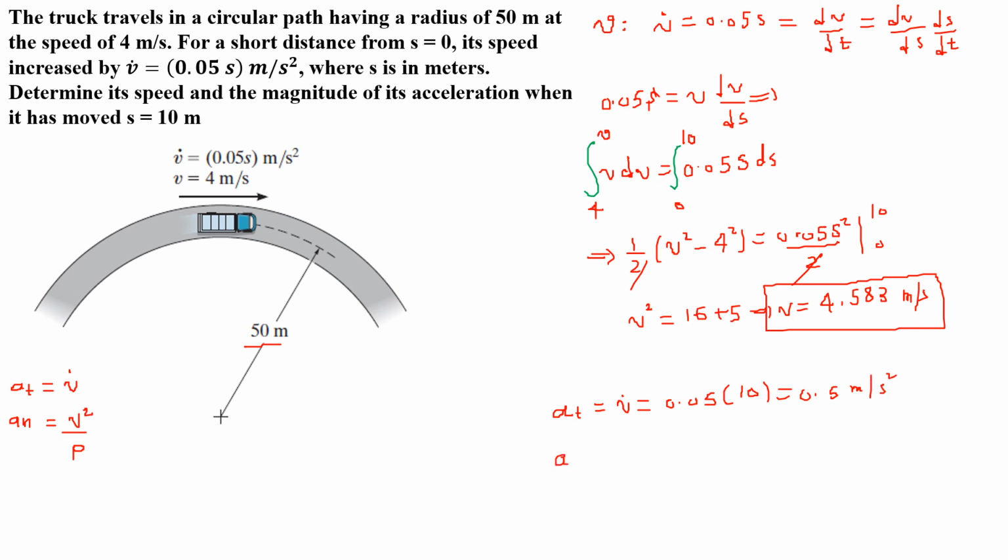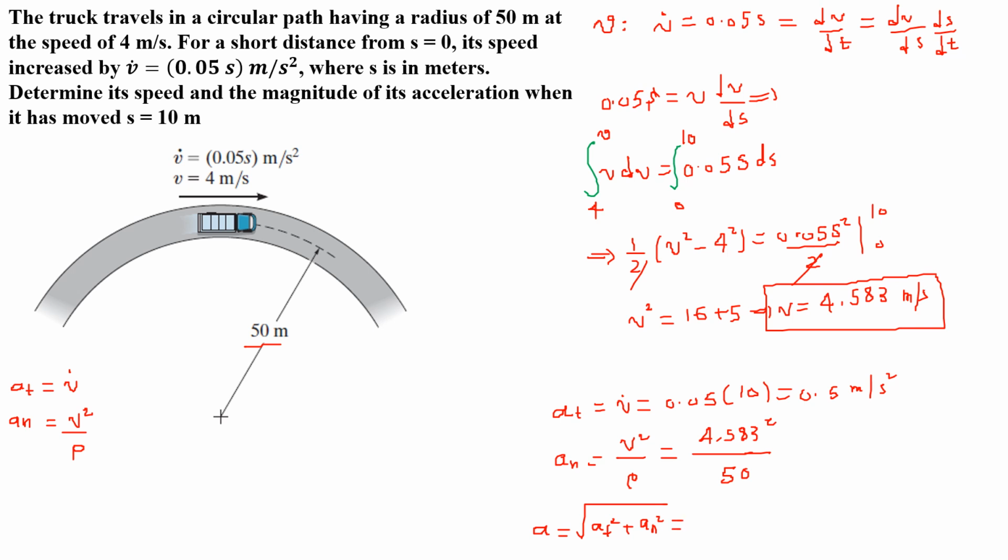And now an is simply v square over rho. So we have found v to be 4.583, squared, over the radius of curvature, which is 50. Now I'll put these numbers into the magnitude. You know, the magnitude is a equal to the root of at square plus an square, right?